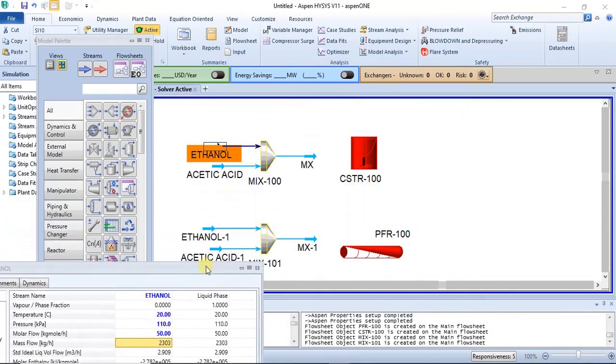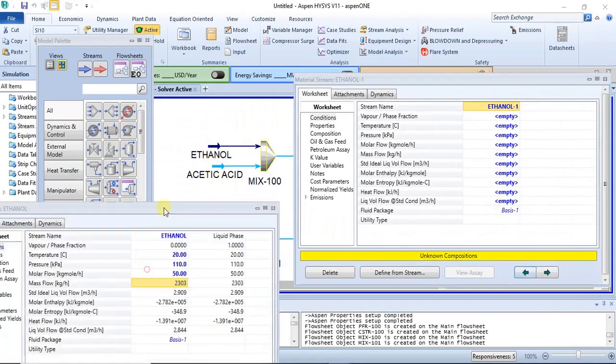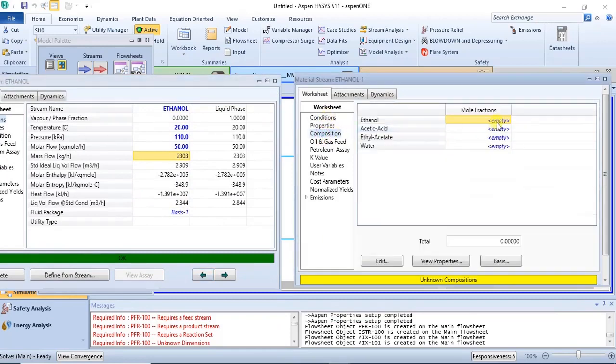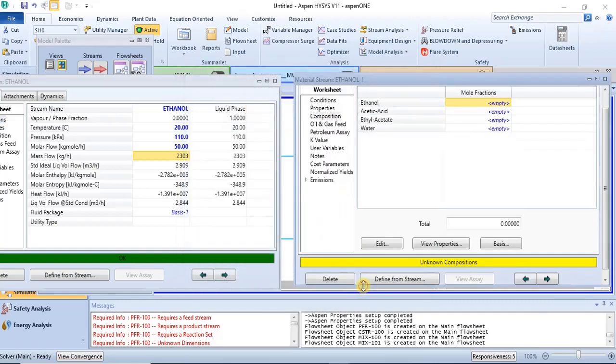So I can easily copy this here. Composition of ethanol is 1.